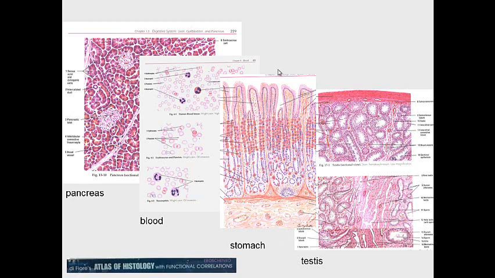And here is the mucosa of the stomach. Here we see the parietal cells, and there are some chief cells in there as well. And then we'll end up with the testis, showing you the tubes, the cells in the tubes, and then the interstitial Leydig cells in between.